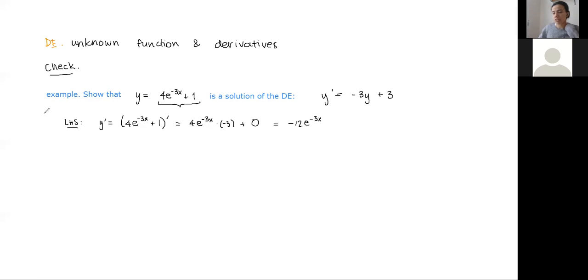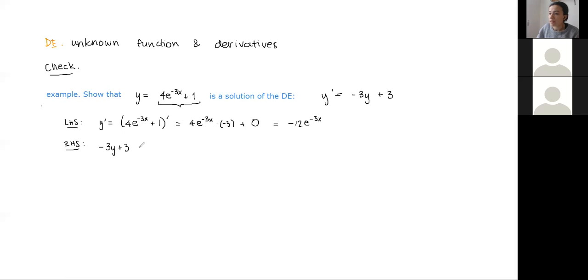Hands up if you understand what I just did. All right, and then in the second part, I'm going to check the right-hand side. So I have minus 3 times y plus 3, which is minus 3 times (4e^(-3x) + 1) plus 3.